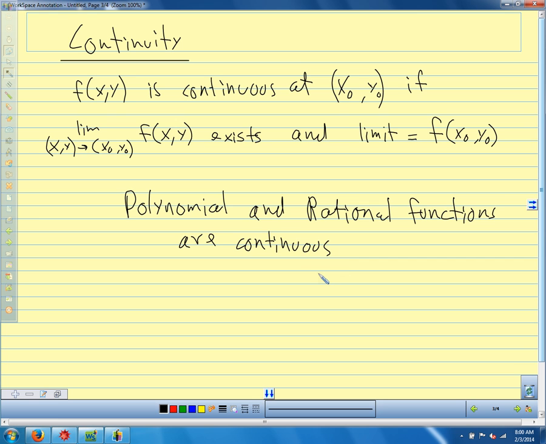We're going to say they're continuous where they're defined. So all of these ideas from single variable calculus transfer right over to multivariable calculus, and if we have nice functions, polynomial and rational functions, they're continuous where they're defined.